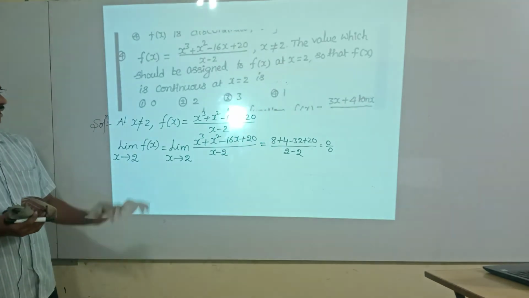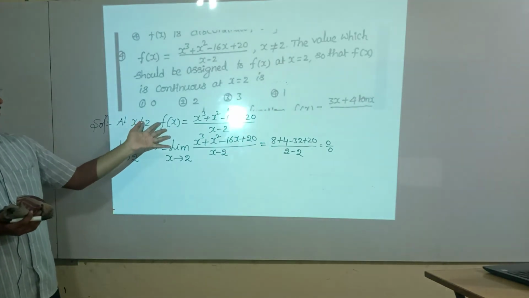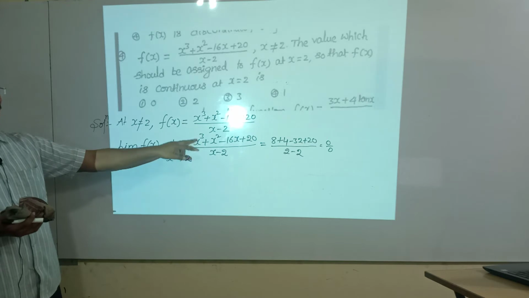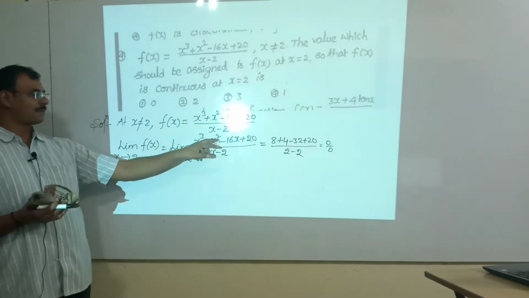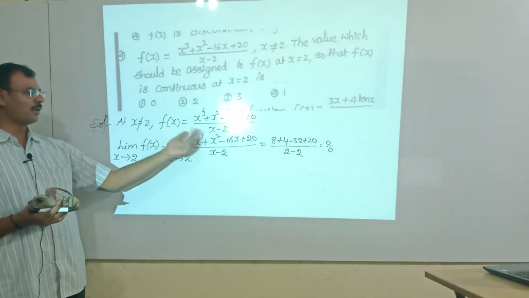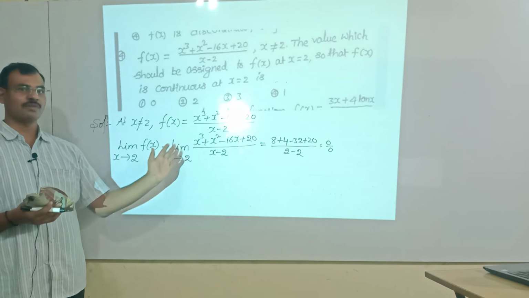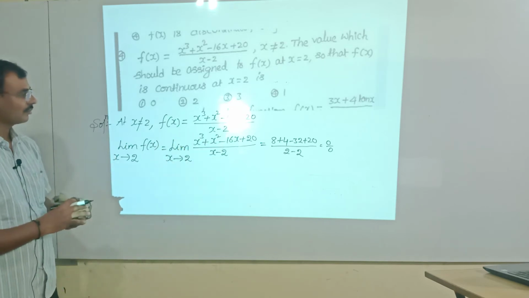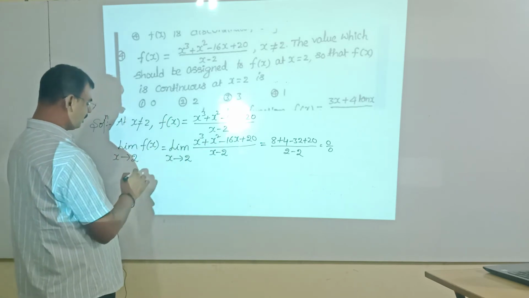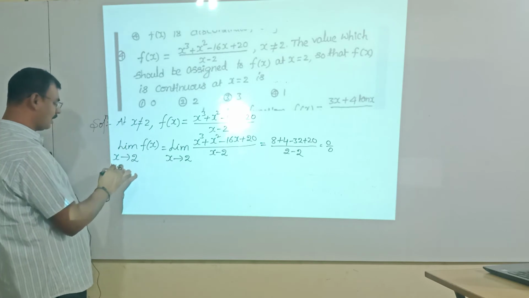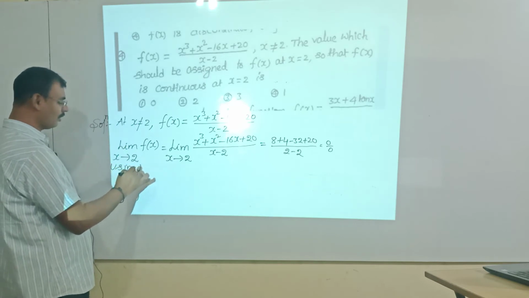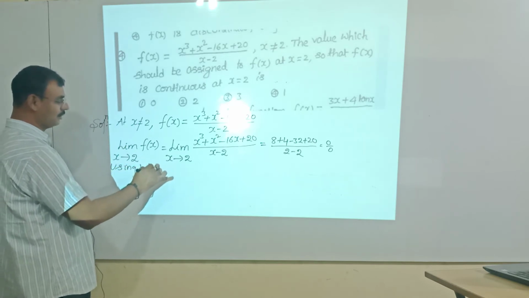If it is an indeterminate form, what to do? This is an algebraic function, with quadratic or polynomial expressions. Whenever there are polynomial expressions, what to do here? Factorization, or one more method, using L'Hospital rule.